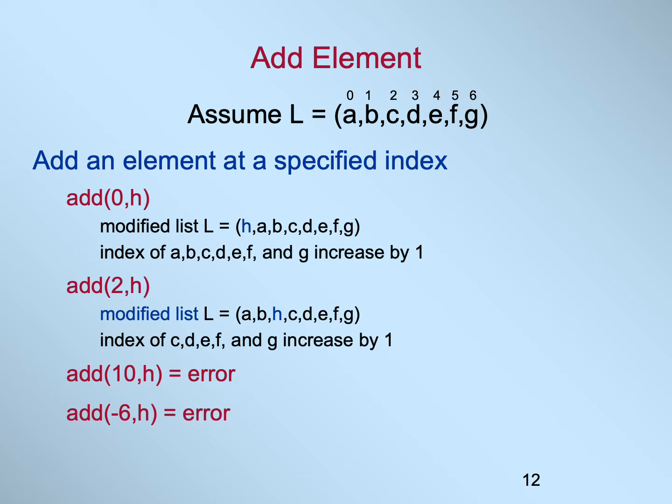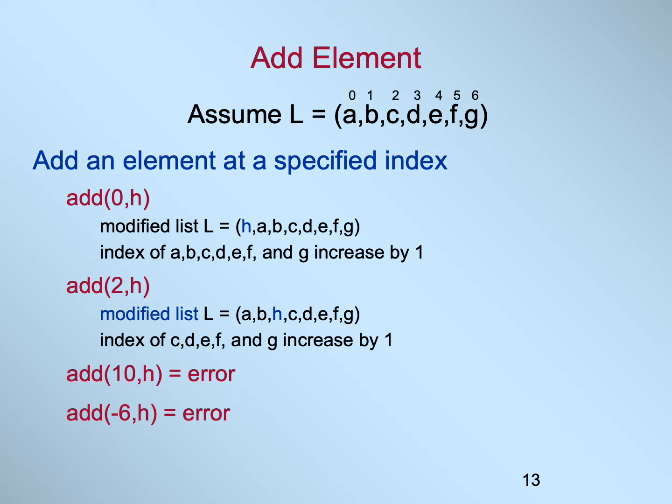G is at index number 6. So we have to have some values at index number 7 first, then only can we add something at index number 8, or in this case at index number 10. That means that you cannot jump over any indexes, but you have to have values at each of the indexes.